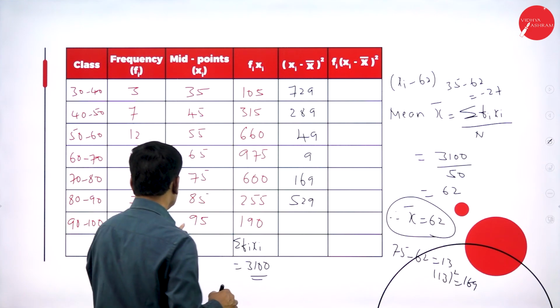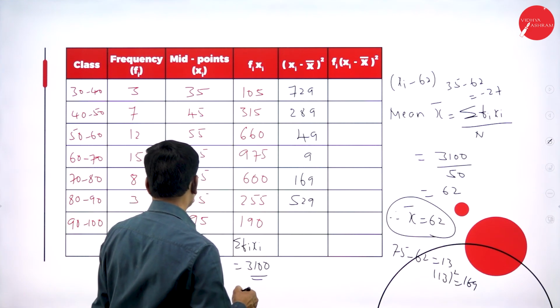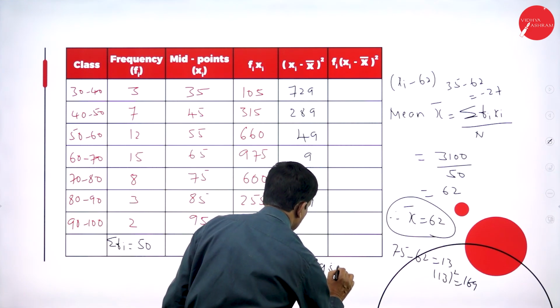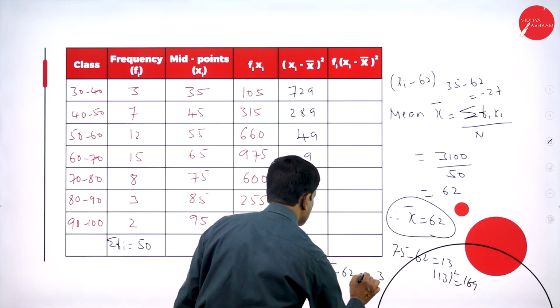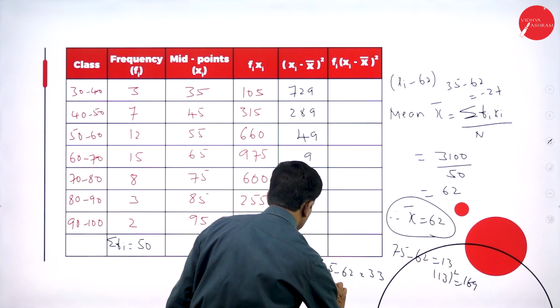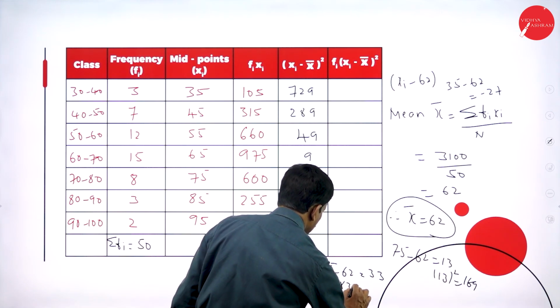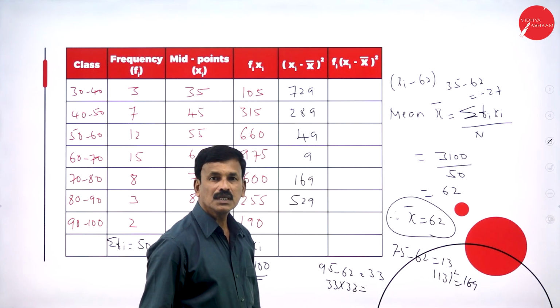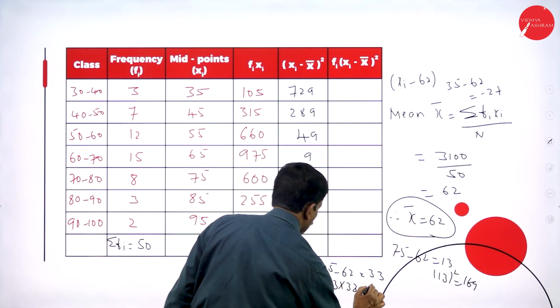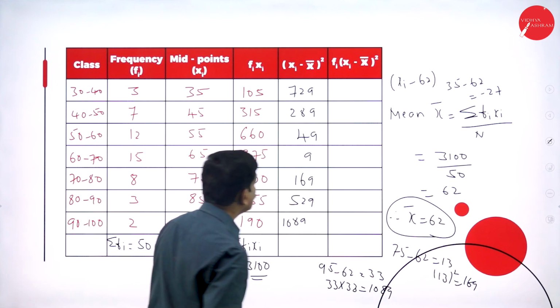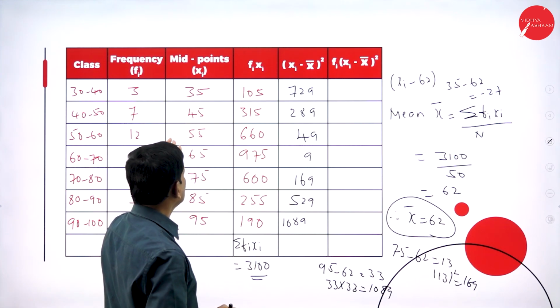And the last, 95 minus 62 is 33, 33 square is 1089.